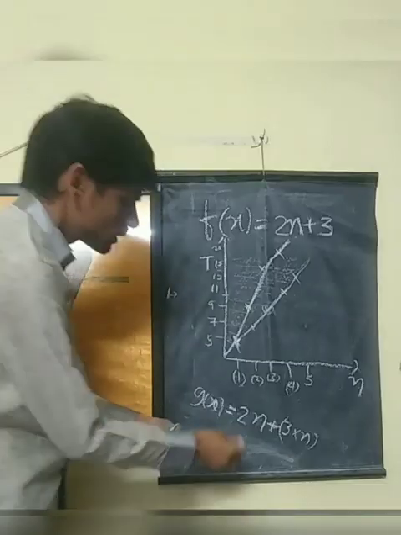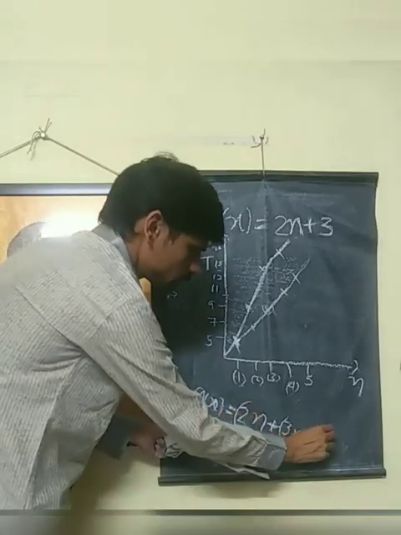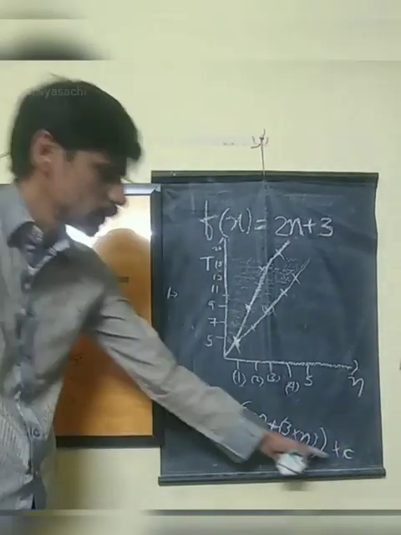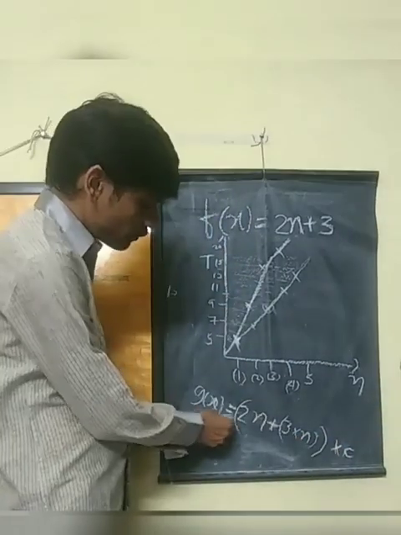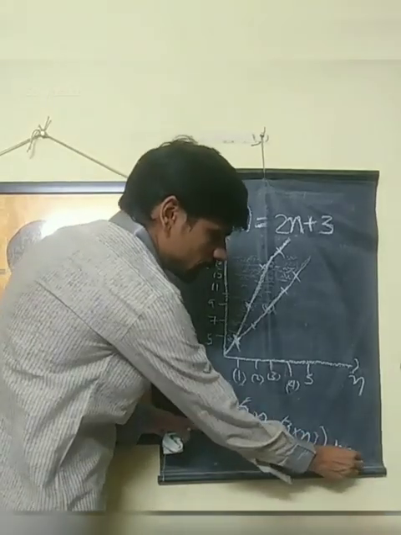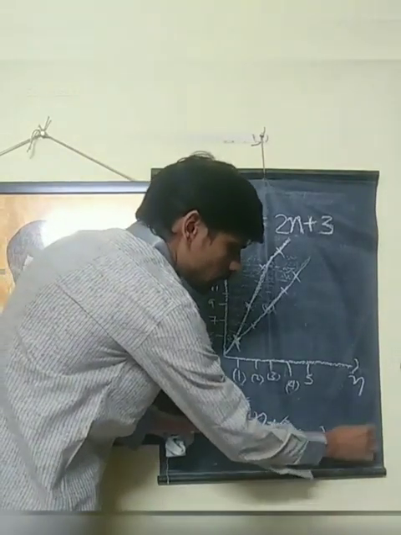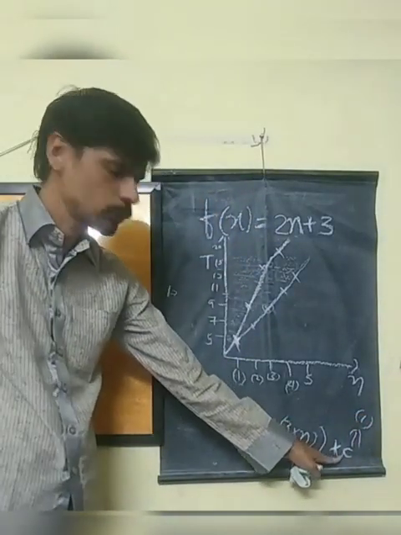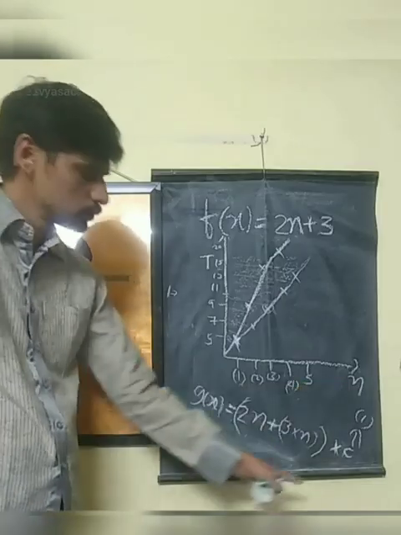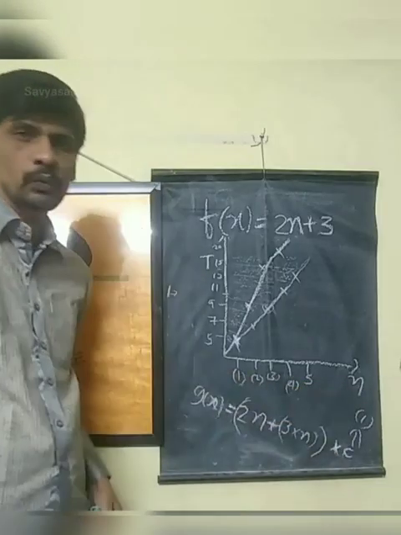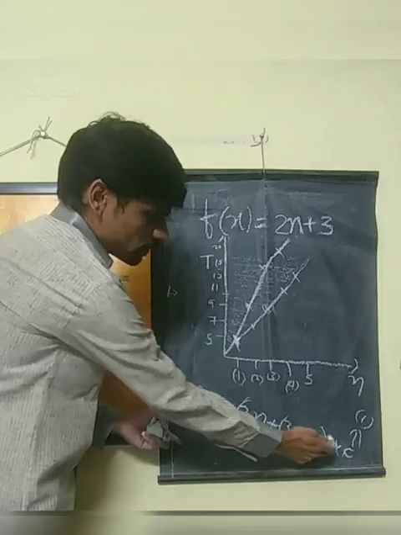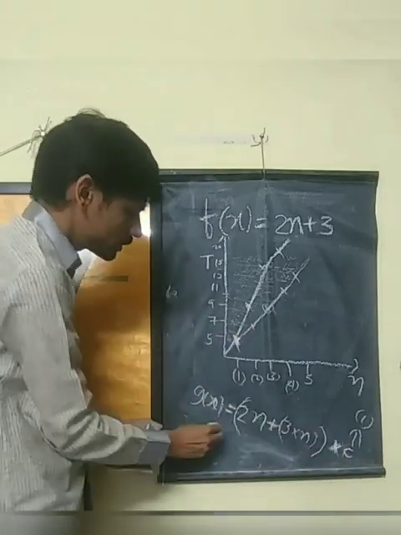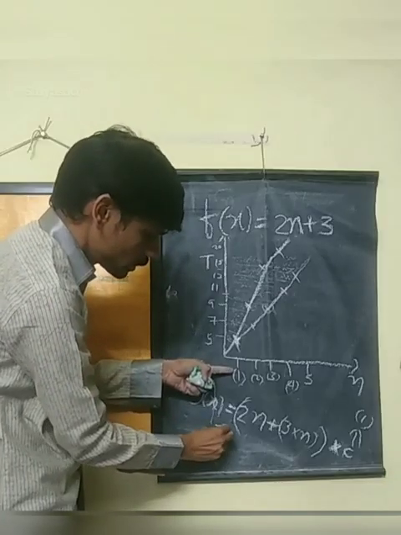Now for this g of x, we will multiply with one constant. g of x multiplied by c. In this case, let's imagine the constant is positive 1. So this c value is always 1. Even if you multiply it and plot, we will get the same values. Let me repeat for our understanding.